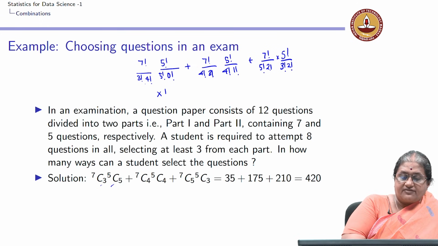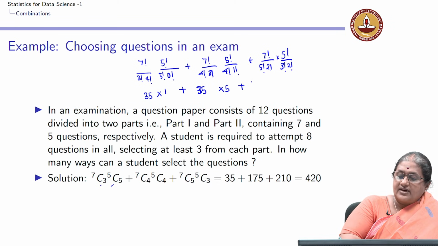So, this is 7 into 5, which is 35. Similarly, here I will get a 5, so from here I have 7 into 5, which is again 35.